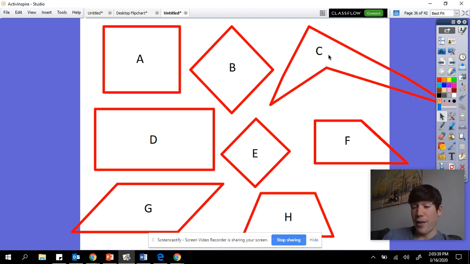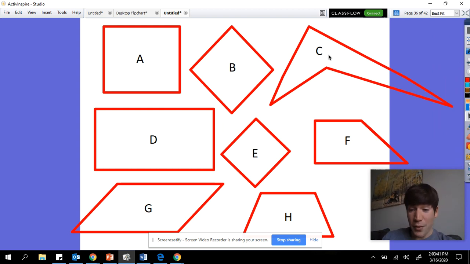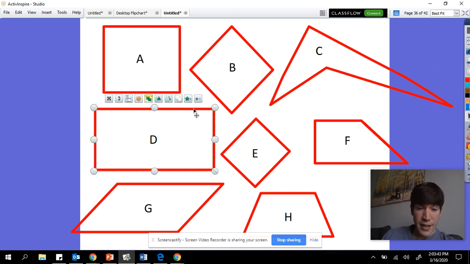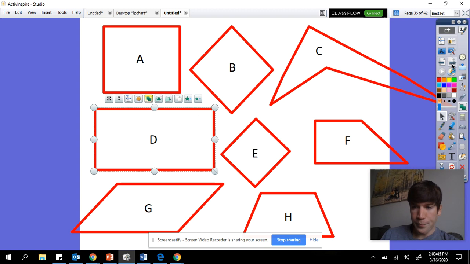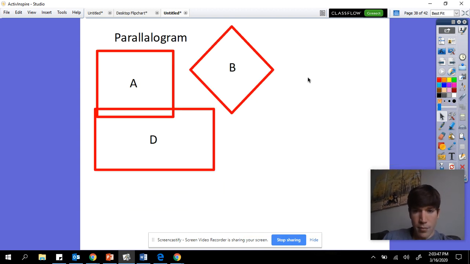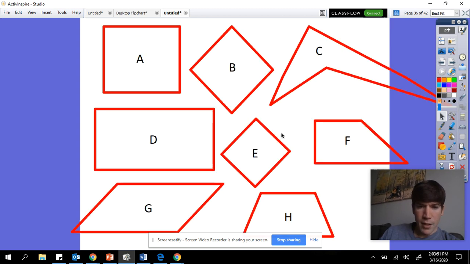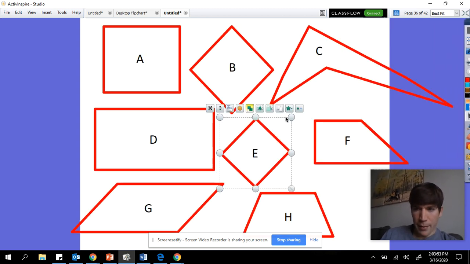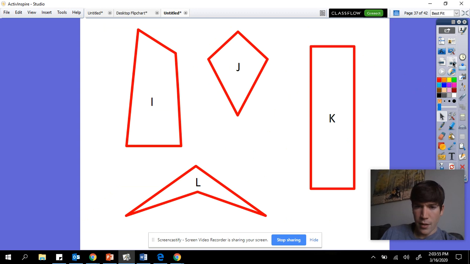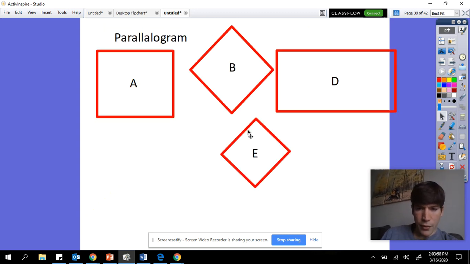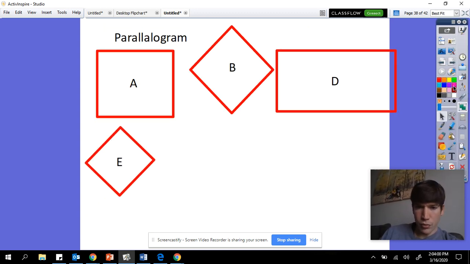C is not a parallelogram. It doesn't fit any of those three categories. D is a parallelogram. Fits all three of those categories. E is a parallelogram. It, again, fits into all of those categories.